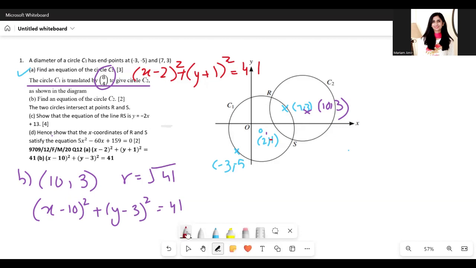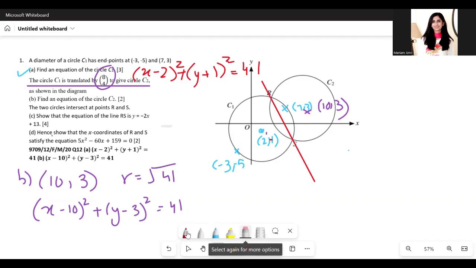Okay. So we somehow need to form or show that this equation is going to be equals to minus 2x plus 13.